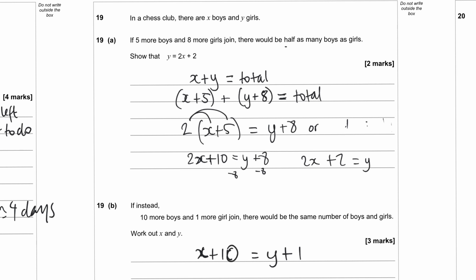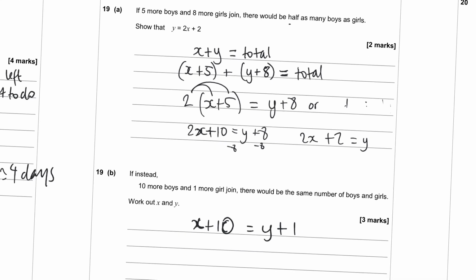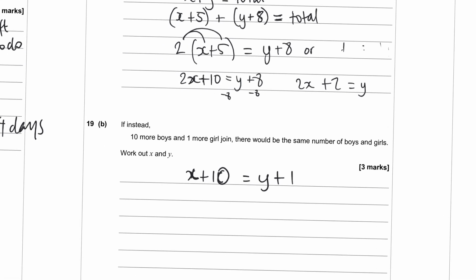Now we need to work out what y and x are, so we can use simultaneous equations. First, we're going to make y the subject. Take away 1 from both sides, and you're left with x plus 9 is equal to y.